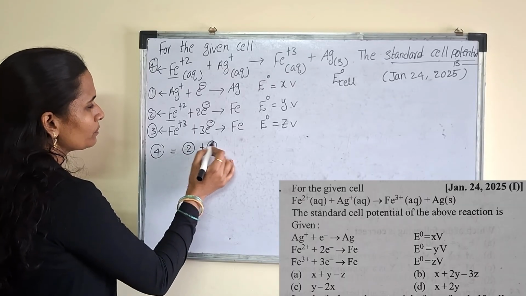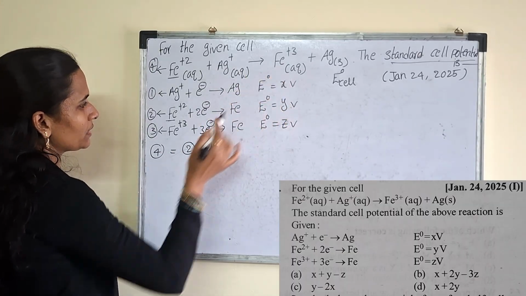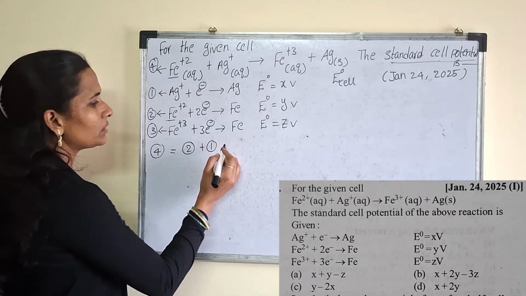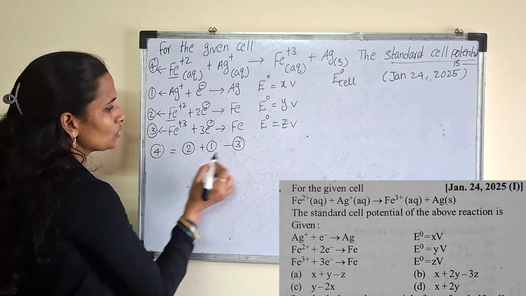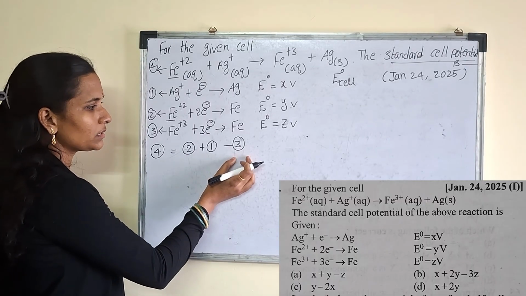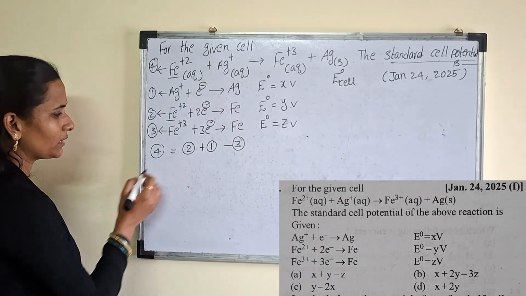Fe3+ is on the product side, but in the third equation it is on the reactant side, so reverse the third equation. So first equation plus second equation minus third equation gives this equation.